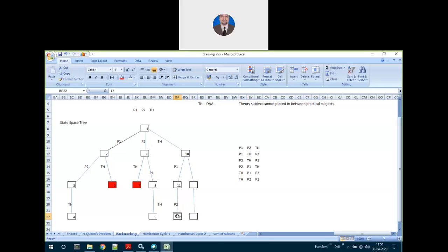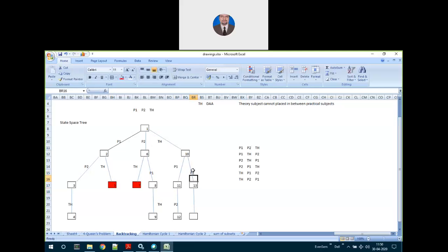So I should come back to 11 and then come back to 10. What is the other possibility I have? I can have one more node, 13, and between 10 and 13, this edge or time slot, I can have the subject P2.